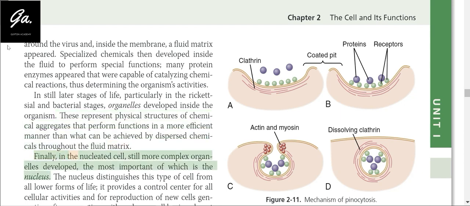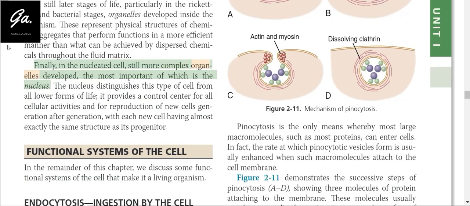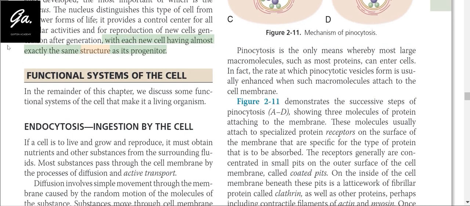Finally, in the nucleated cell, still more complex organelles developed, the most important of which is the nucleus. The nucleus distinguishes this type of cell from all lower forms of life. It provides a control center for all cellular activities and for reproduction of new cells generation after generation, with each new cell having almost exactly the same structure as its progenitor.